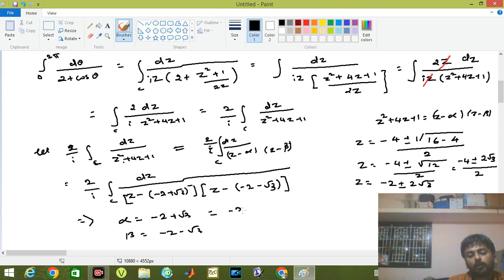The value of root 3 is approximately 1.732. So we will have minus 2 plus 1.732, and here we will have minus 2 minus 1.732.